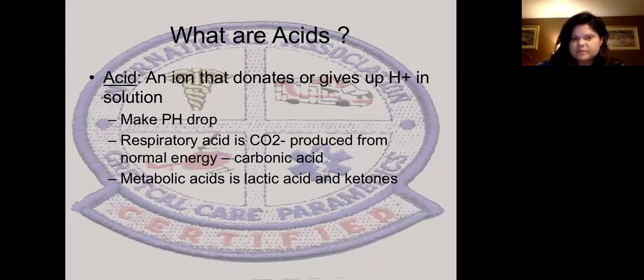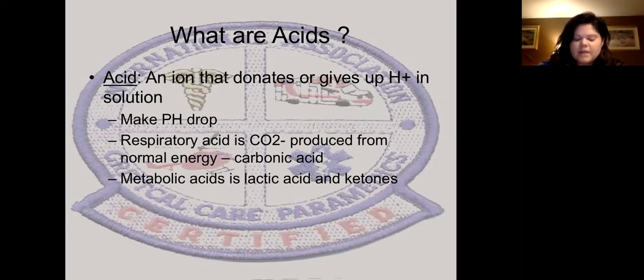So let's talk about, what are acids? Acid is a substance that gives us hydrogen ions. So it is an ion that donates or gives up its hydrogen in a solution. The hydrogen is an atom which gives up its electron, causing it to be unstable.